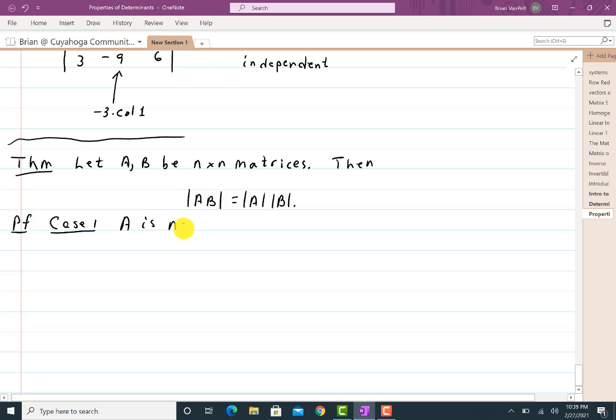A is not invertible. Then AB is not invertible either.